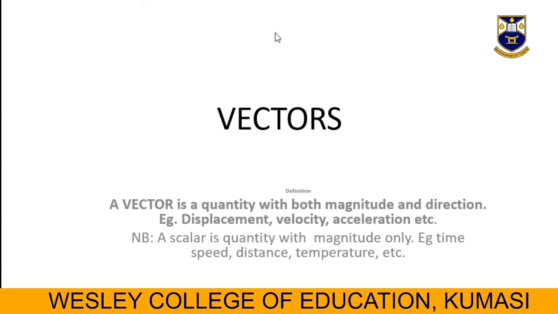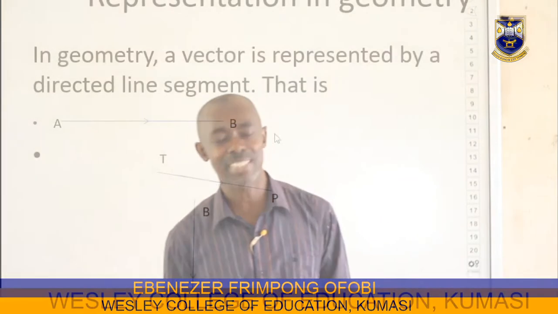Having talked about the definition of vectors, it's important that we talk about how they are represented in geometry, and here, in simpler terms, I would say in diagrams. A vector is represented by a directed line segment.